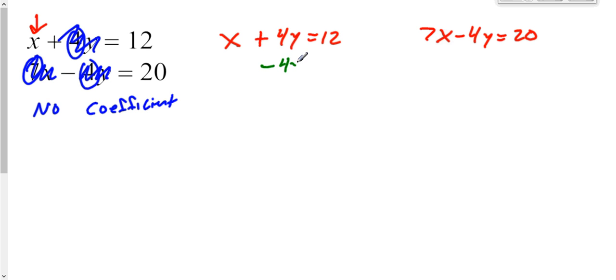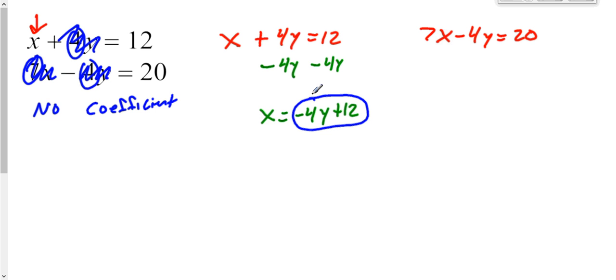To do so, we subtract 4y, and in one clean step, we have an x equals. This is where mistakes happen the most. Since it's an x equals, that's going to go in place of x.